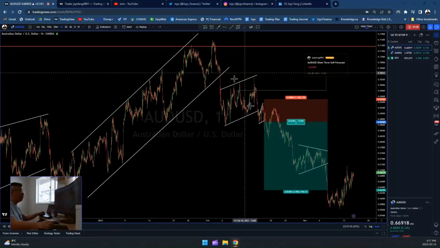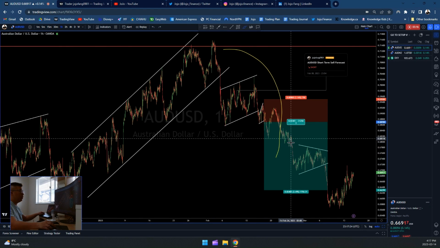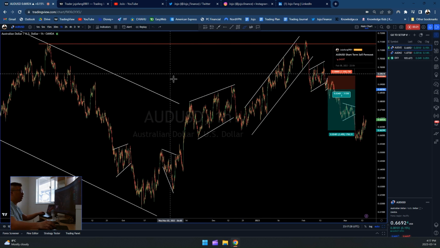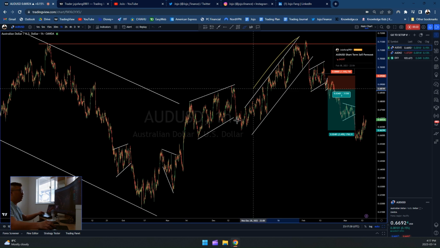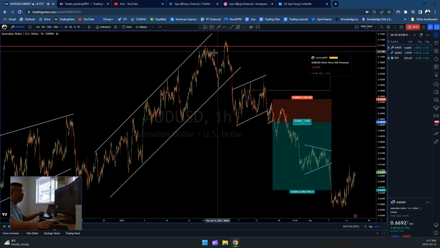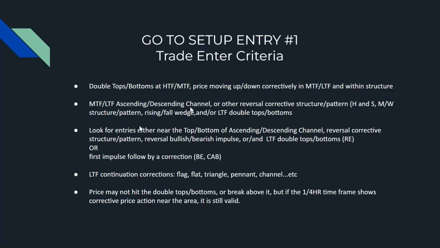Remember, we're looking for a bearish reversal, so you want as many bearish reversal price action signs as possible: double top, ascending channel, lower time frame double top, bearish reversal impulse. All of these are good positive confluence to add into the criteria that must be met before you enter a trade.